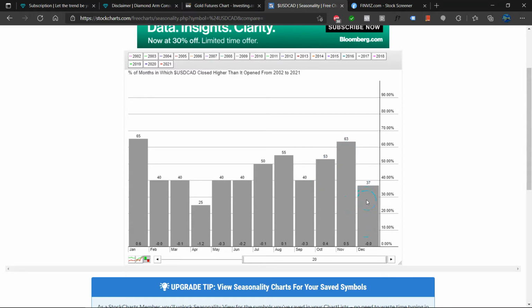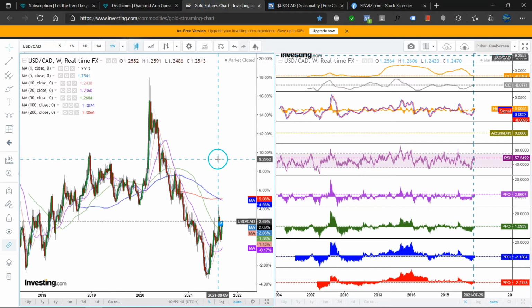December has a tendency to be weak. However, the strongest month for the dollar is January. So you could argue that the coming period from October into January is historically strong for the US dollar in this pair, which obviously is beneficial to a bullish thesis.